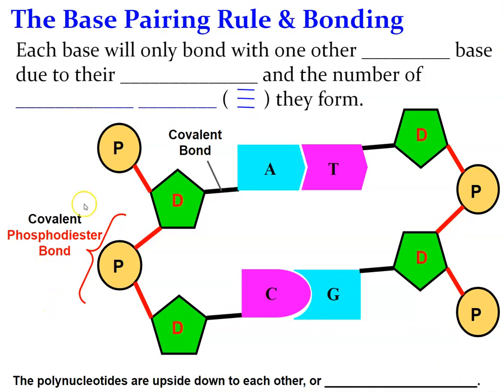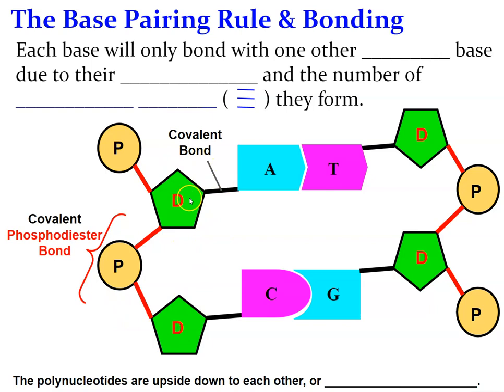So here we're looking at the base pairing rule and why it is that certain bases will only bind with other bases. Let's also look at the bonds that hold the nucleotides together, and also what bonds the nucleotides together to form a polynucleotide, in other words, along the backbone. So all of these bonds are covalent bonds.